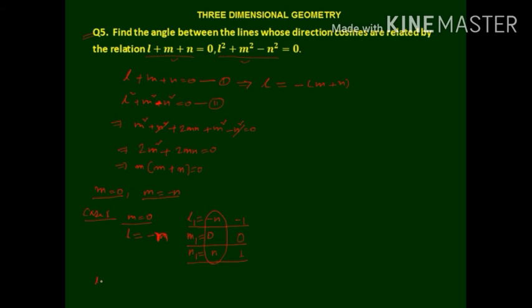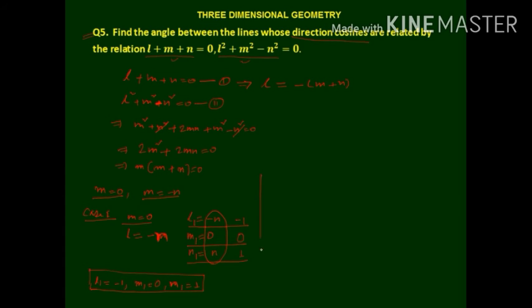Please make sure I am still not saying direction cosines, even if they are given as direction cosines in the equation. It is immaterial because you have the formula available for both. So finding only the direction ratios will do. So from case 1 I got the direction ratios of the first line as minus 1, 0 and 1.